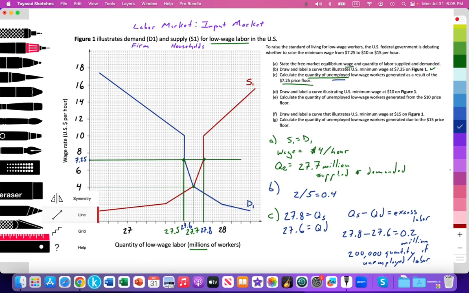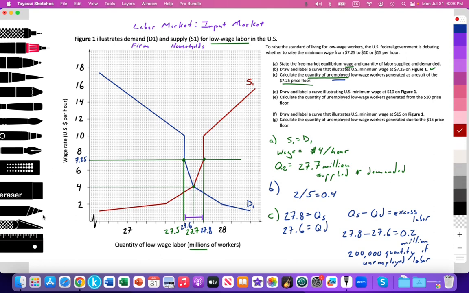So I'll just emphasize that, just illustrate that. All right, so the distance here from here to here is about 0.2 million. And that's illustrating the level of supply.